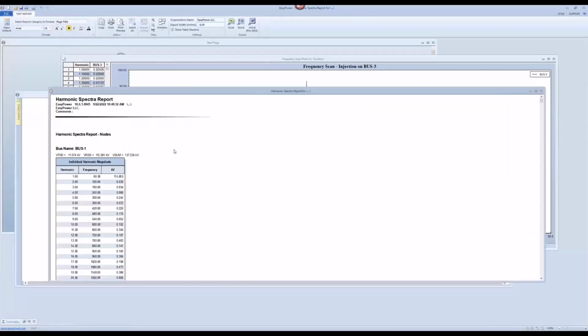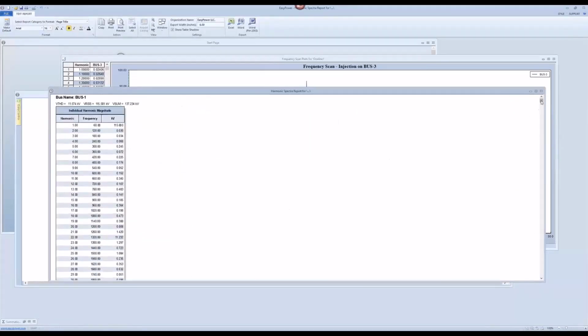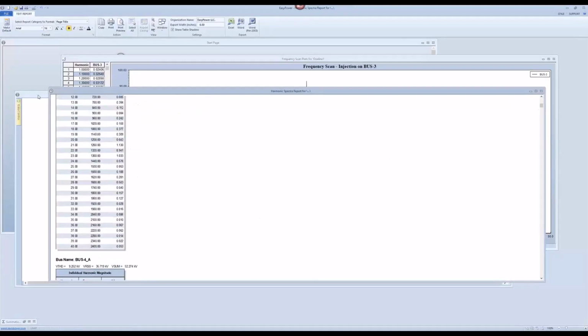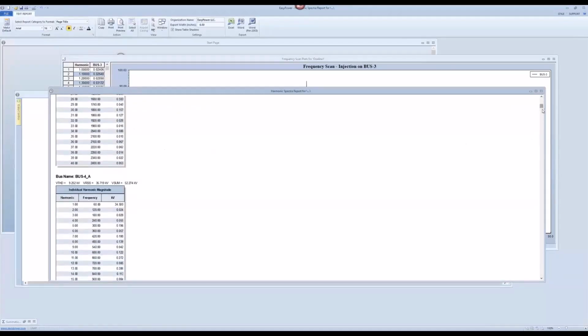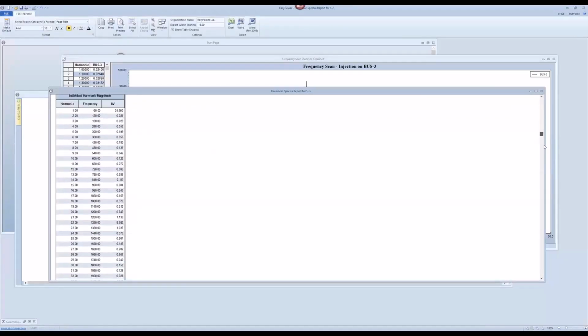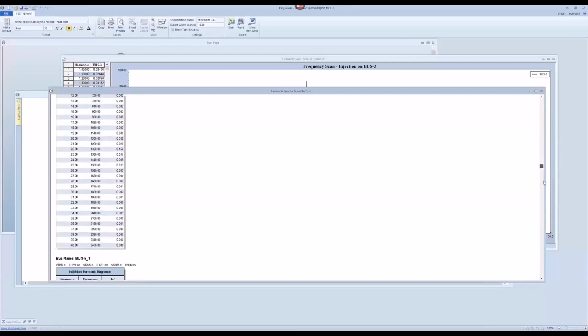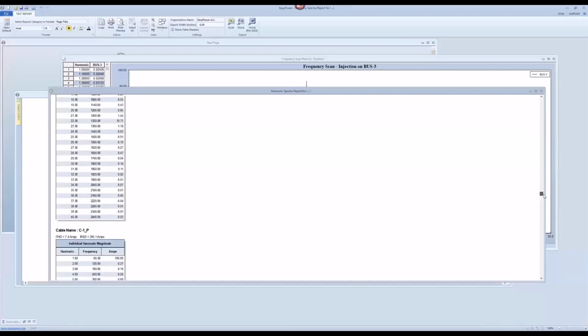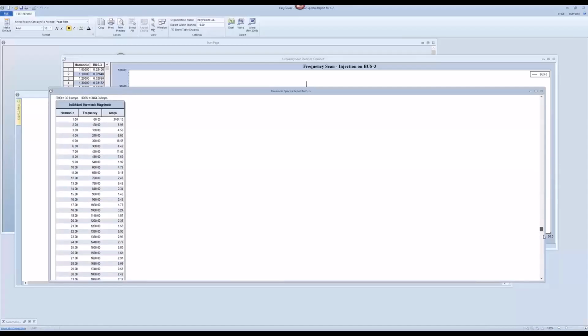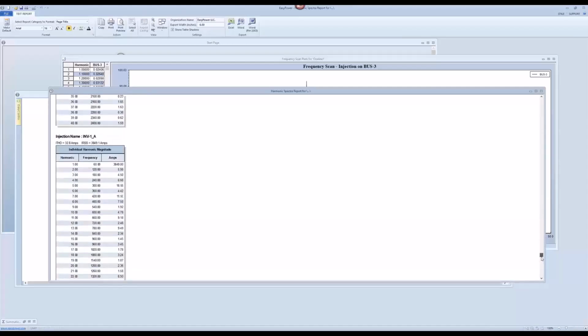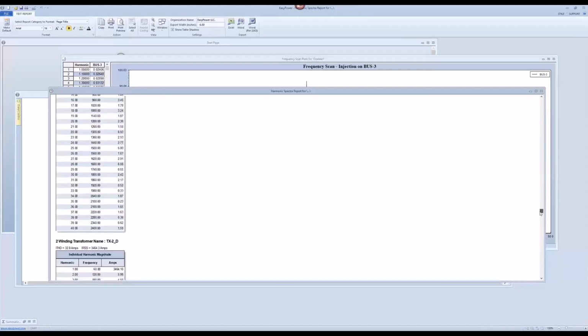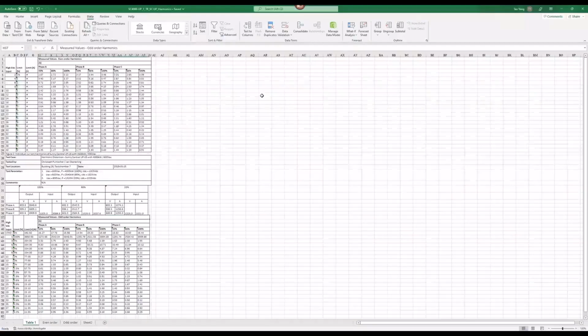What you will get is which branch we're looking at. It's easier to do it in Excel, so you dump it to Excel.